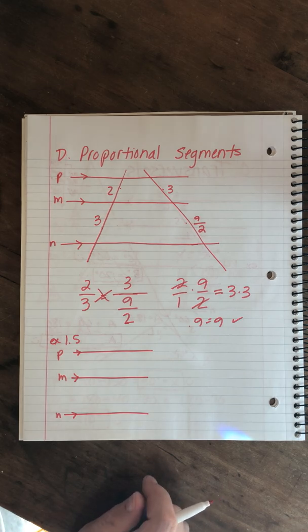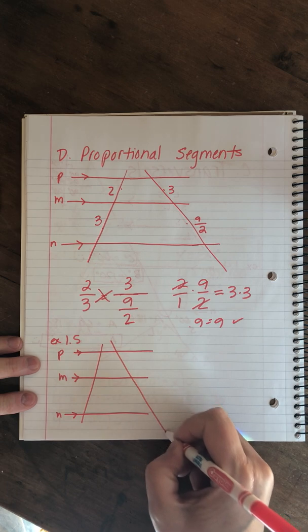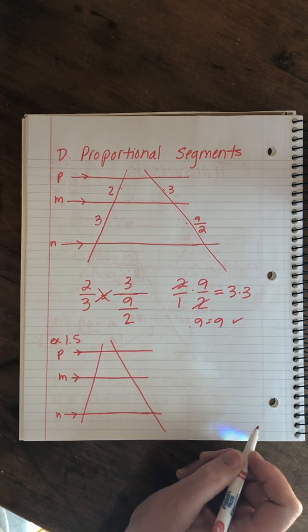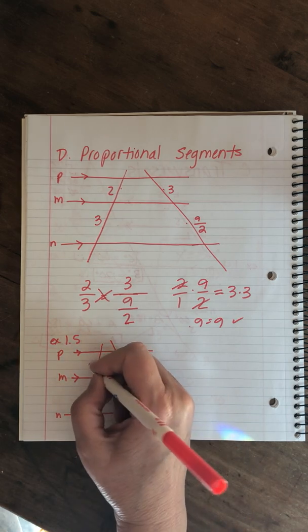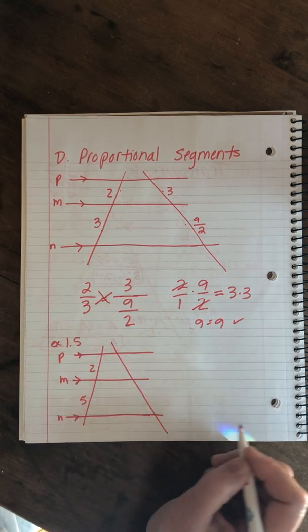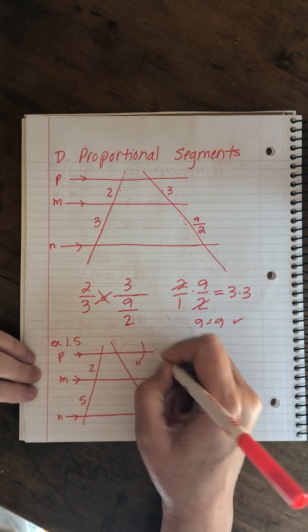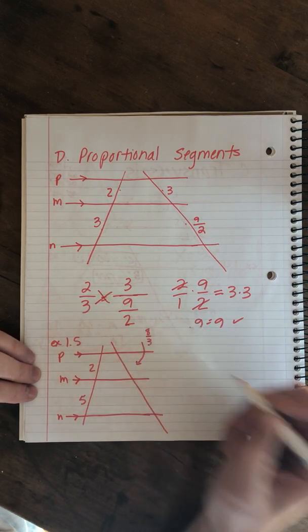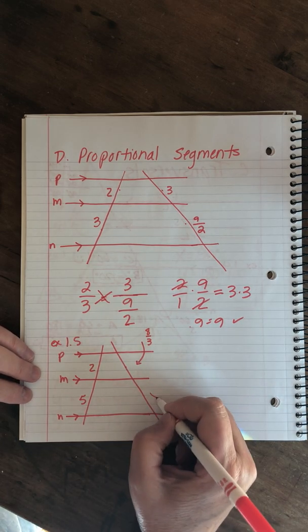And we have 2 transversals. And we've got some information about the lengths of the segments. This is 2, this is 5. This is, John does it like this, 8 over 3. All right, so he's showing you that's the length of this segment, and this is X.